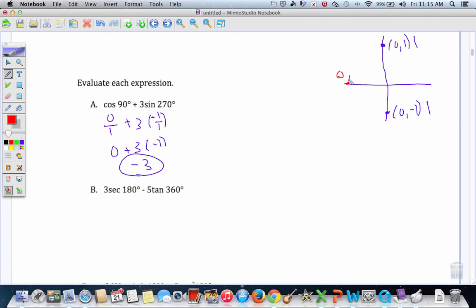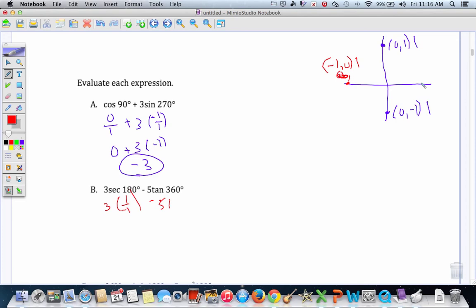Continuing on, letter B, 3 times the secant of 180 minus 5 times the tangent of 360. 180 is right here. So I have negative 1 and 0 gives me an r value then of 1.